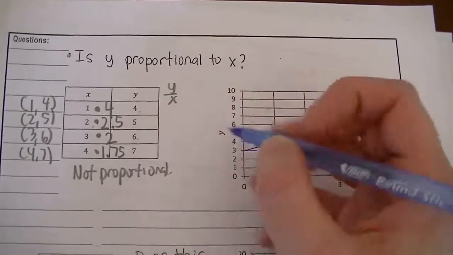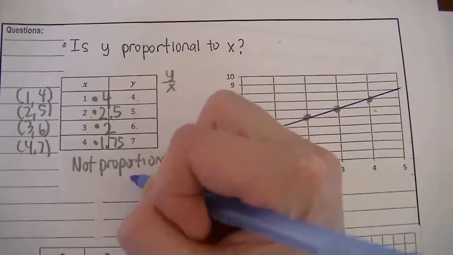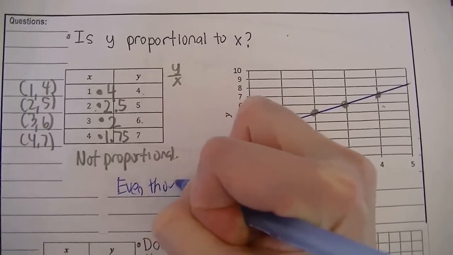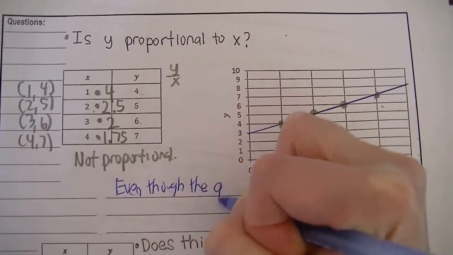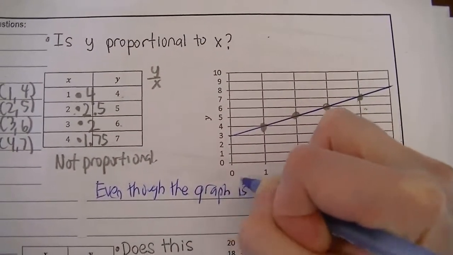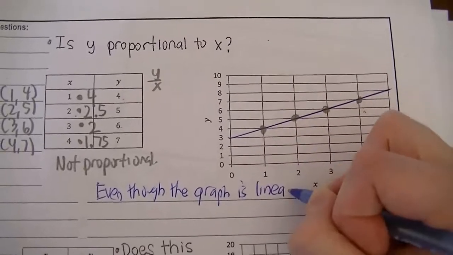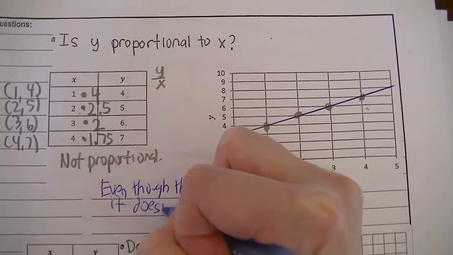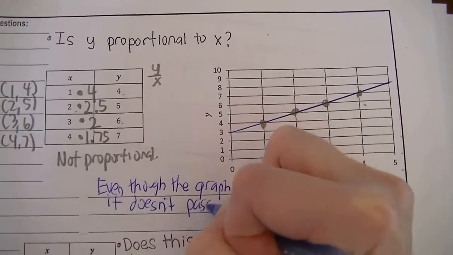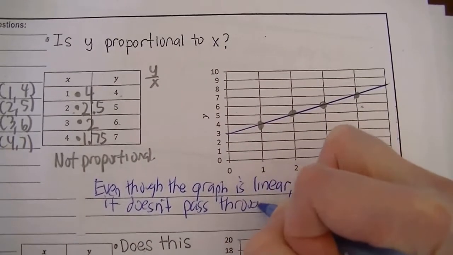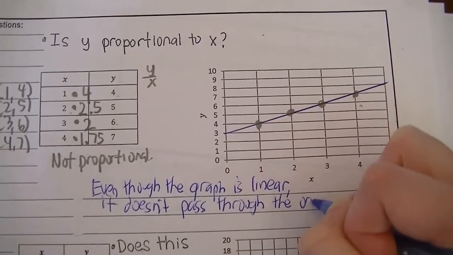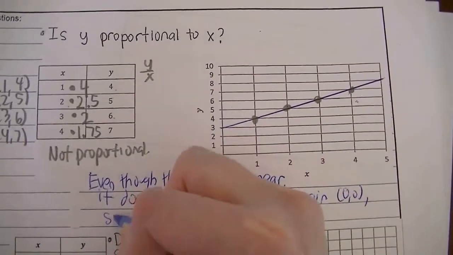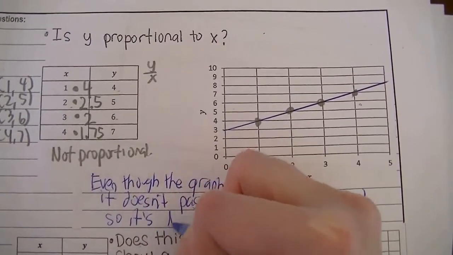So still not proportional, even though the graph is linear. Linear means it makes a straight line. It does not pass through the origin, or 0, 0. So it's not proportional.